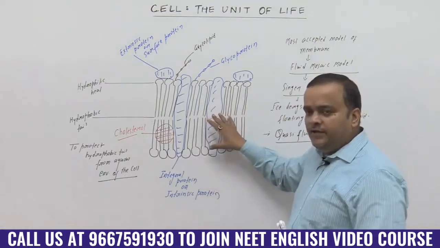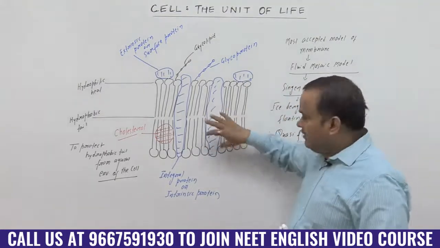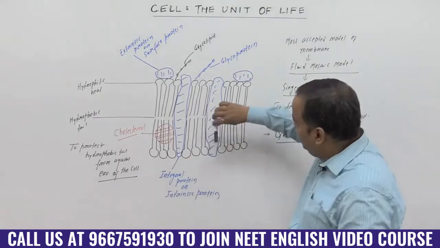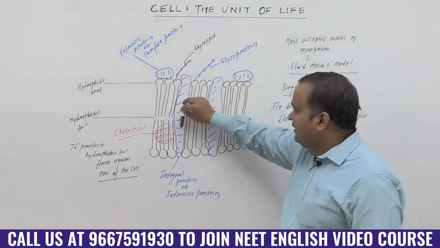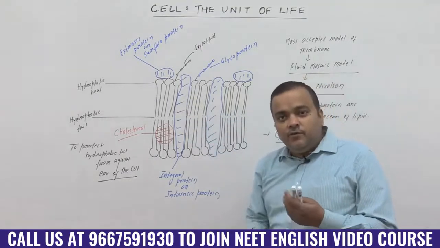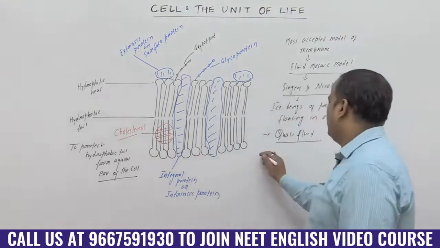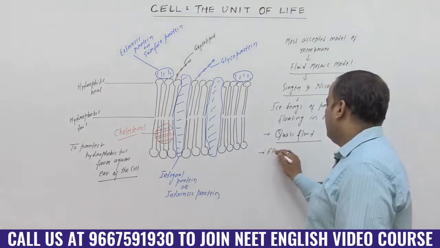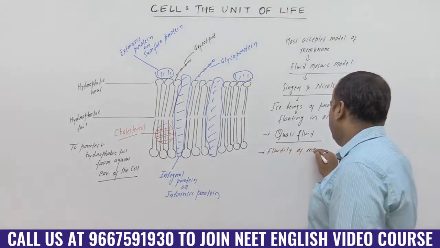This protein molecule can move within the overall bilayer like this. Suppose this is a protein, this can rotate like this, or this can rotate like this. So this ability of protein to move within the overall bilayer is known as fluidity of the membrane.